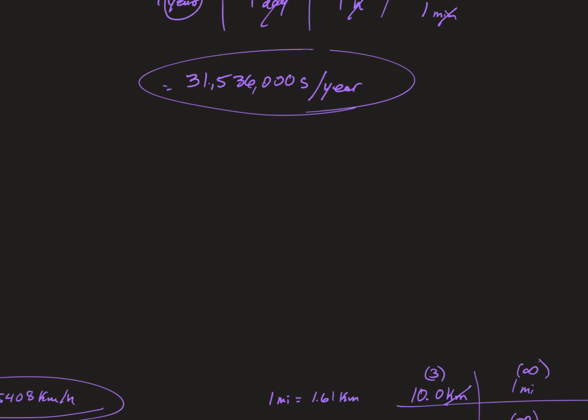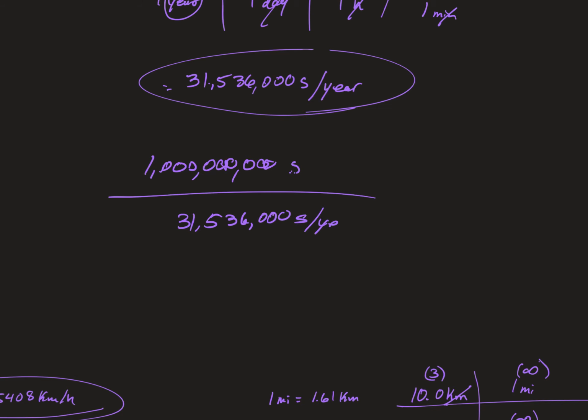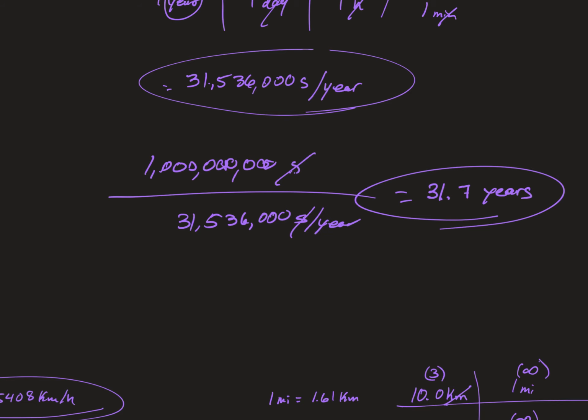If you take 1 billion seconds and you divide it by 31,536,000 seconds per year, those cancel out. And that tells you how many years it takes to equal 1 billion seconds. And that would be 31.7 years to be 1 billion seconds old.